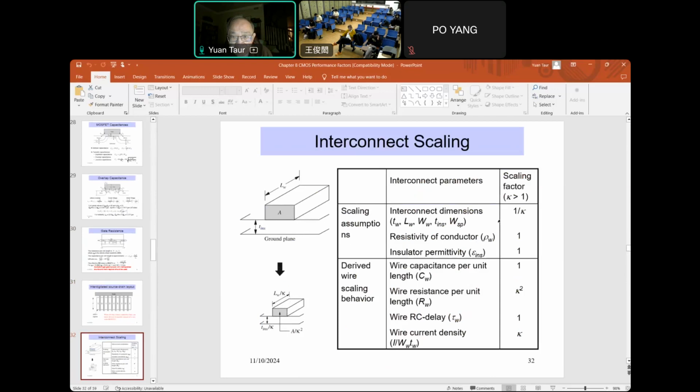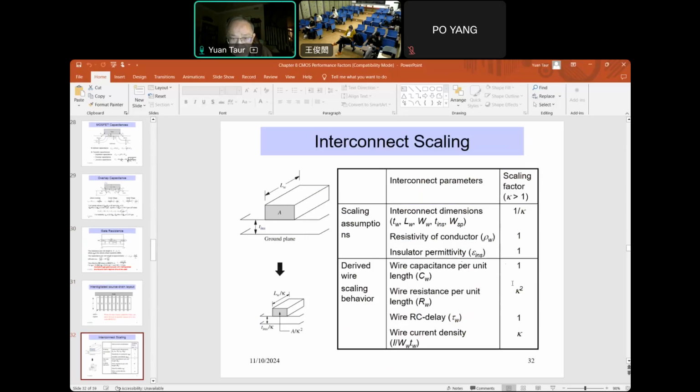And if you follow that, you can see that there will be a problem, because the wire capacitance per unit length is the same as before you scale, but wire resistance goes up by K squared.